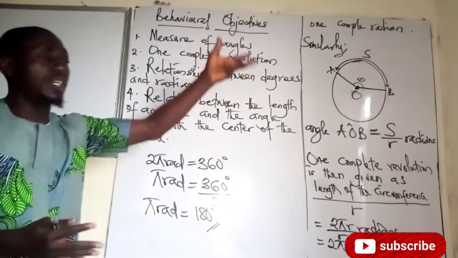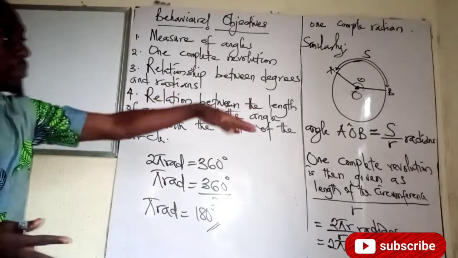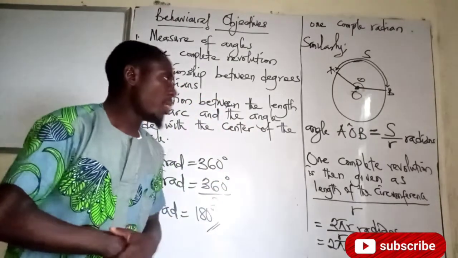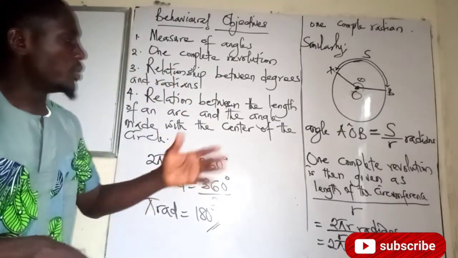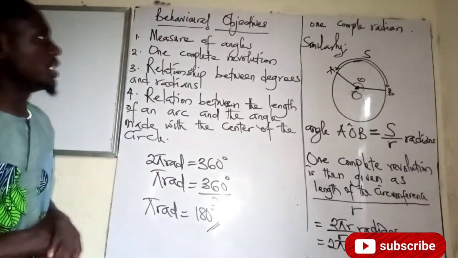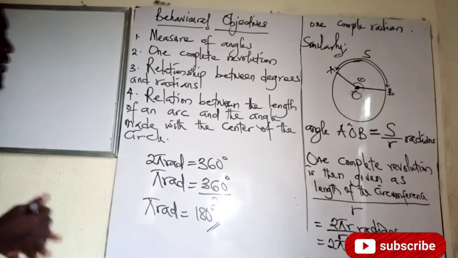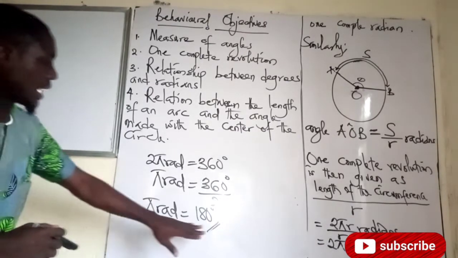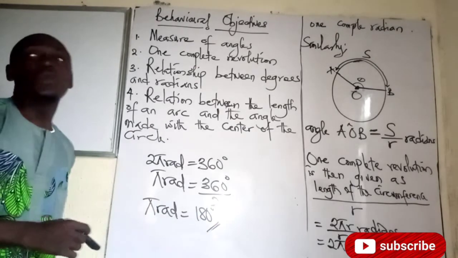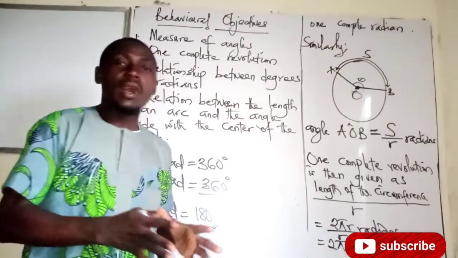We explained by constructing the diagram and explaining how we came about the complete revolution of a circle. We said it is 2 pi radians by relating it with the length of an arc. And lastly, we ascertained the formula pi rad equals 180 degrees. This is where our class ends.